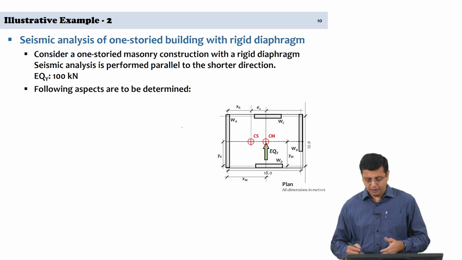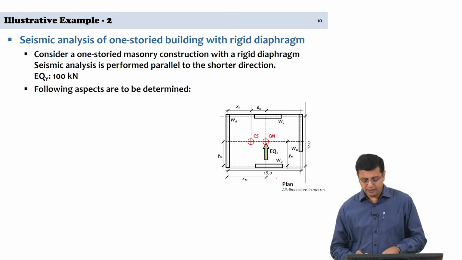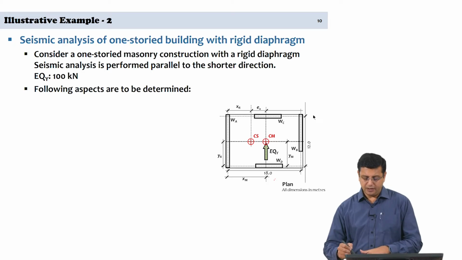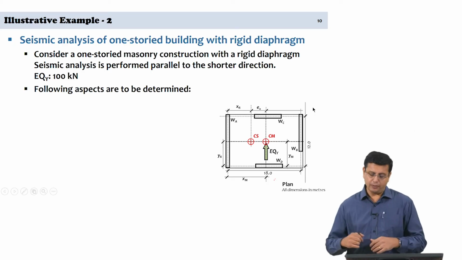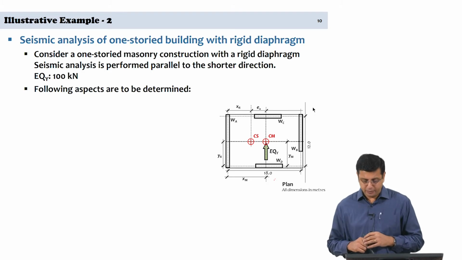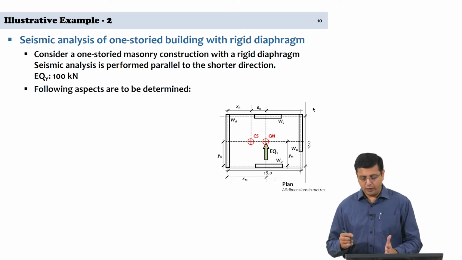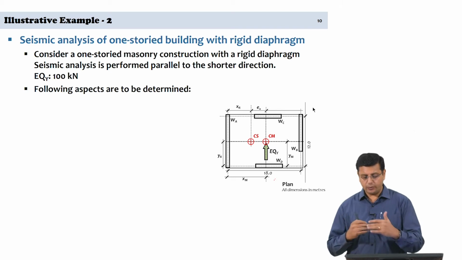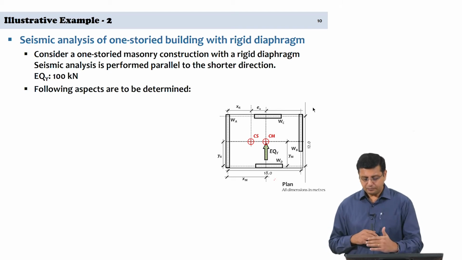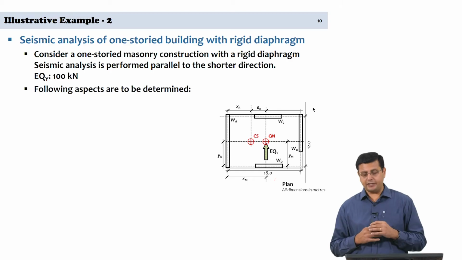The plan shows you that in the longer direction the length of the building is 18 meters, and in the shorter direction the breadth of the building, LB, is 12 meters. You have 4 walls: 2 walls in the direction of the earthquake and 2 walls perpendicular to the direction of the earthquake.